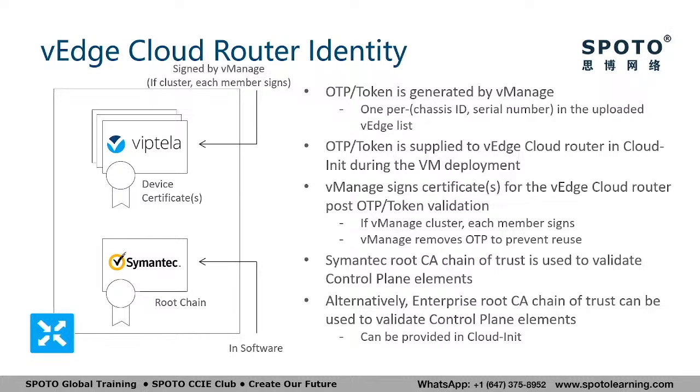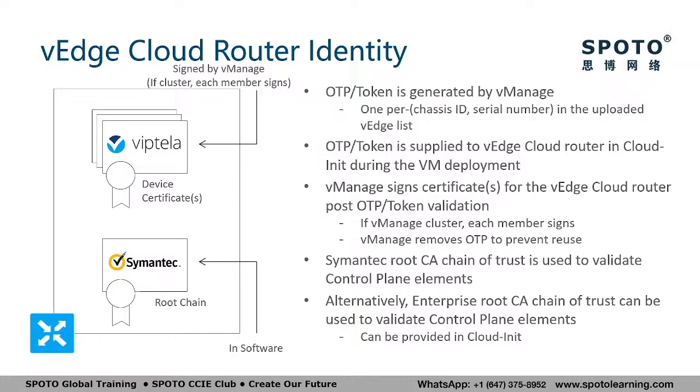You need to export the bootstrap configuration, where you can find the device serial number. Then import the device serial number in the public cloud. This is the way to put the vEdge Cloud Router in the whitelist for this solution to be used. vManage signs the certificate for the vEdge Cloud Router.